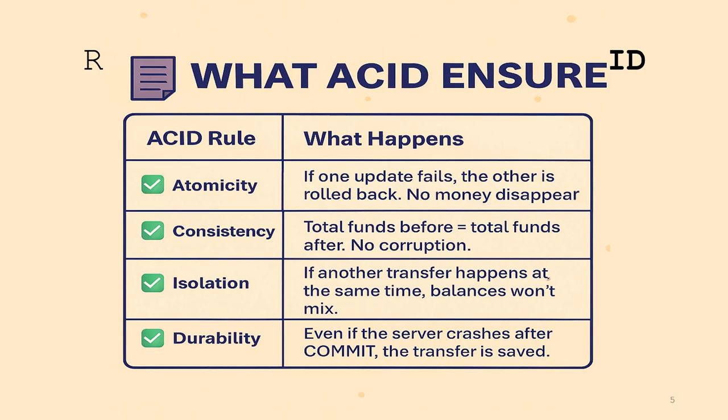Isolation: even if another transfer happens at the same time, it won't affect this one. They will not be mixed. Durability: if the server crashes right after the commit, the transfer is still saved. It will not disappear. ACID gives us trust in relational databases. It makes sure no weird data errors or system crashes can cause damage to the system.